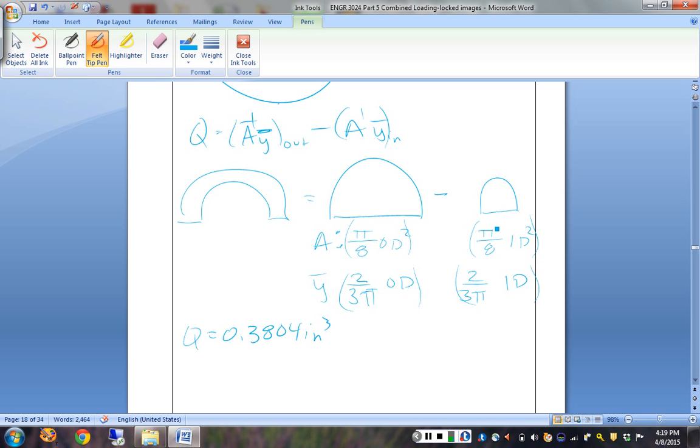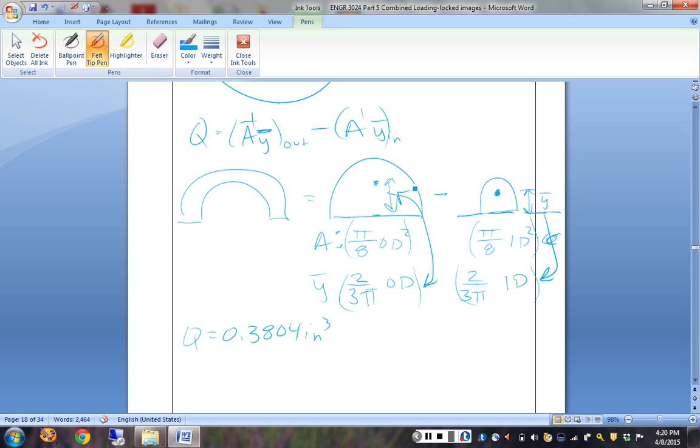So that is from the neutral axis here is this quantity. But multiply those products and subtract them, and you end up with Q of the top half of a pipe. It's a little convoluted.